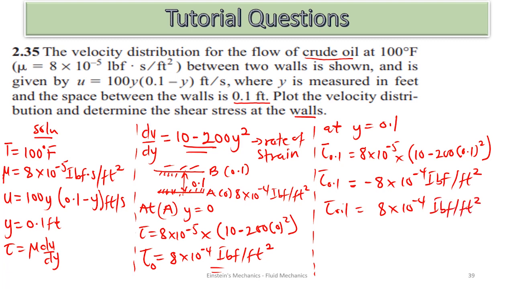This negative is just giving us an indication that it is a negative what? Shear, meaning to the opposite direction. Are you okay? So they are both going to experience the same shear at the lower plate and at the upper plate with a shear of 8 times 10 to the power negative 4.